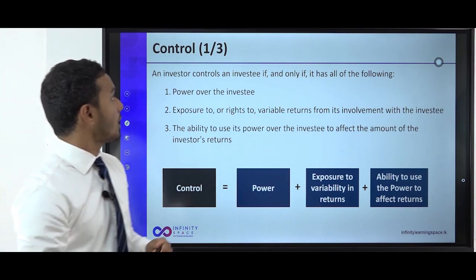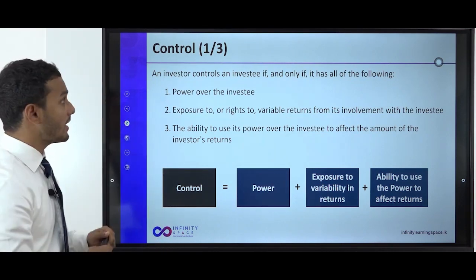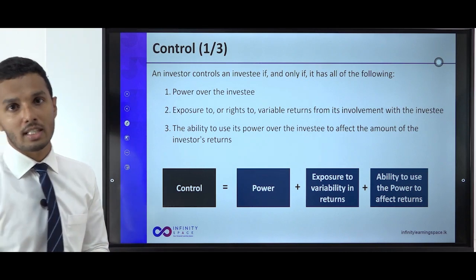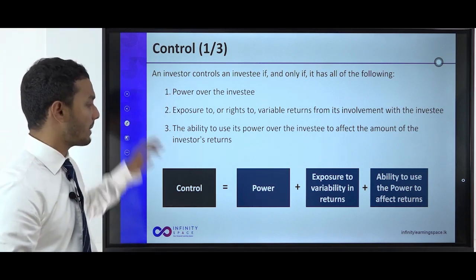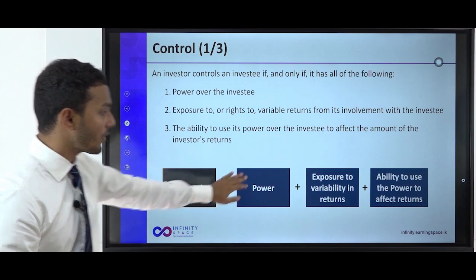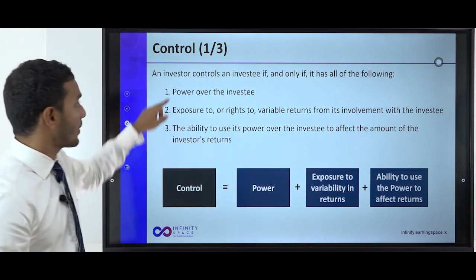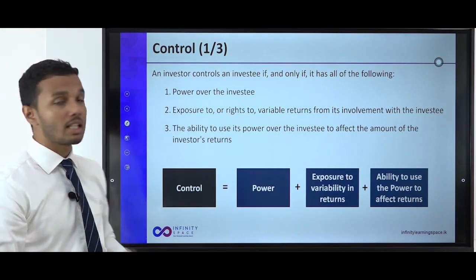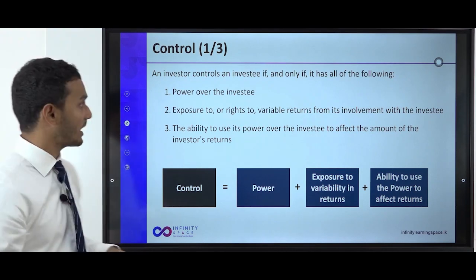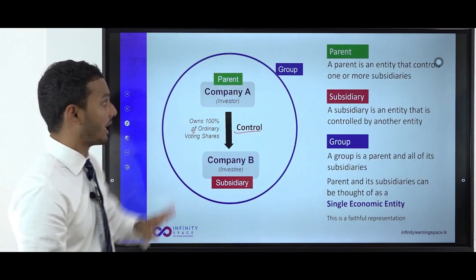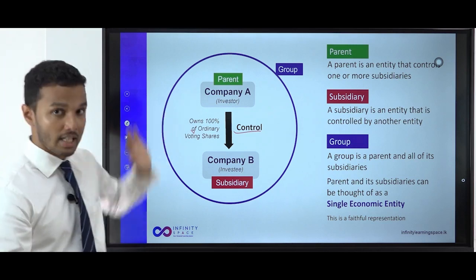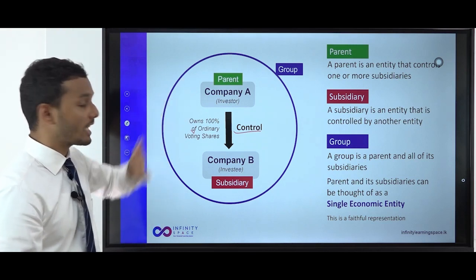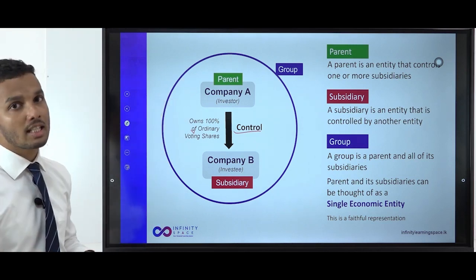According to SLFRS 10, for an investor to have control over the investee, there needs to be 3 requirements. So control is a result of 3 requirements. The first one is power over the investee, meaning the investor. Now in this example, investor is company A. We are not going to call him parent yet because we don't know whether he has control. We are trying to check whether he has control.